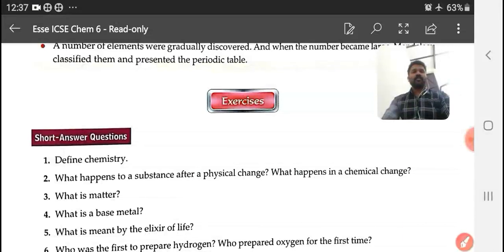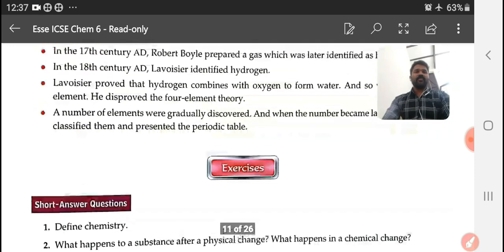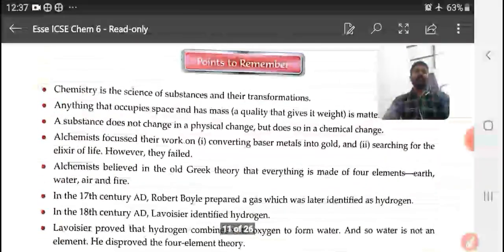Our second question is, what happens to a substance after a physical change? What happens in a chemical change? This answer is also on the same page itself, points to remember.